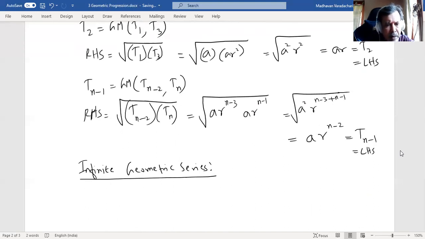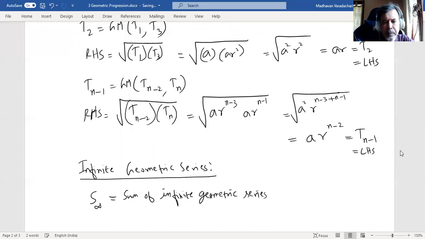It is S infinity, the sum of an infinite geometric series, meaning I should add A plus AR plus AR square plus and so on up to infinity.